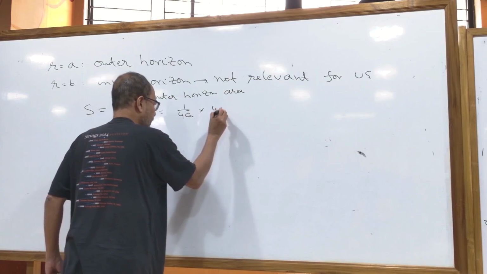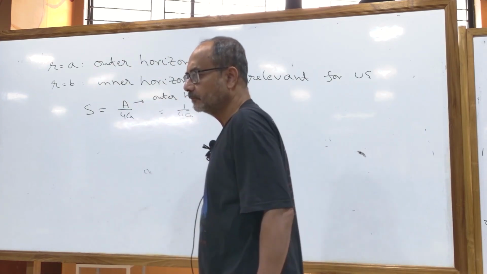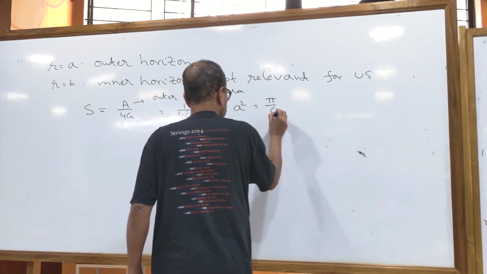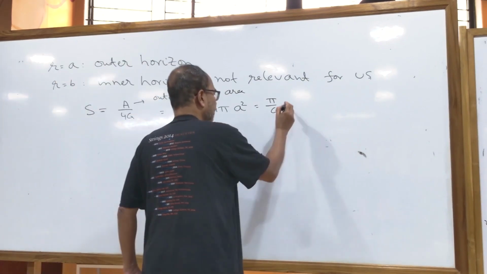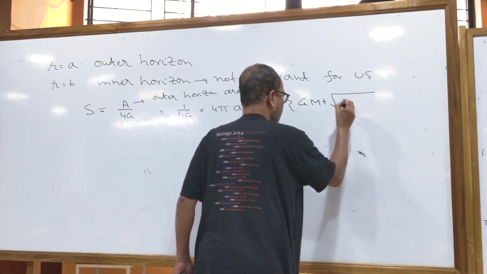Times 4 pi A square. Okay, so you can write this as pi over G times A, which is this object there. So GM plus square root.